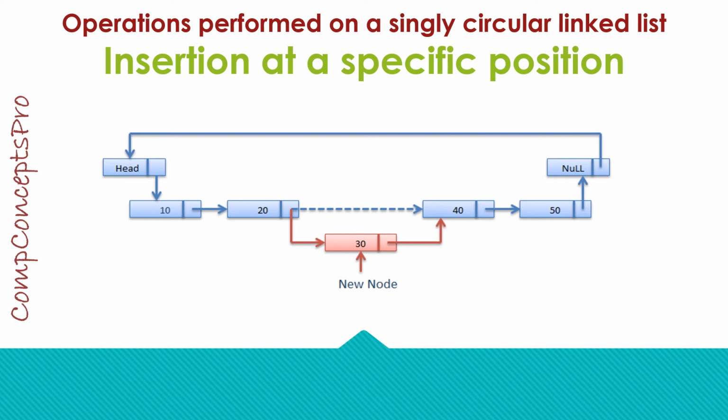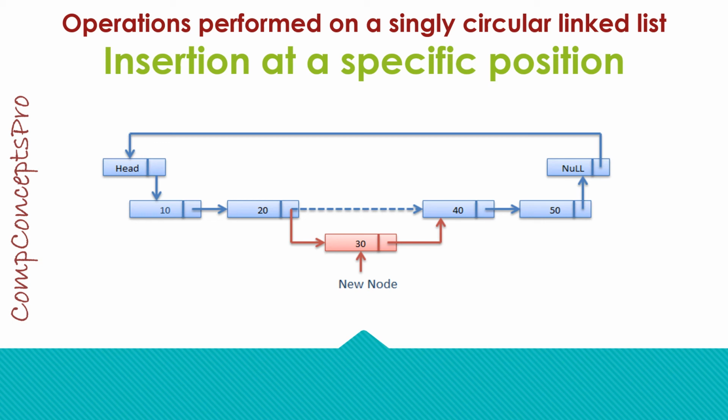Here, first you have to keep in mind whether you want to insert the node before or after the position provided by the user. For example, I'm assuming that in this case the user has entered the position 3 to insert a new node. So I'm going to insert a new node after position 2 and hence my new node will be inserted at position 3.